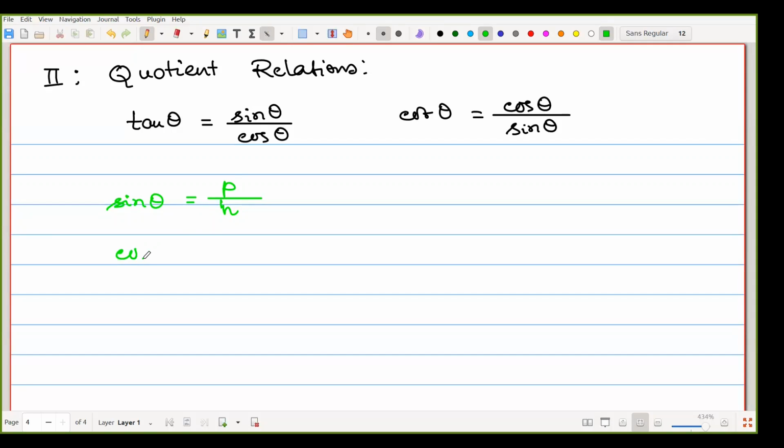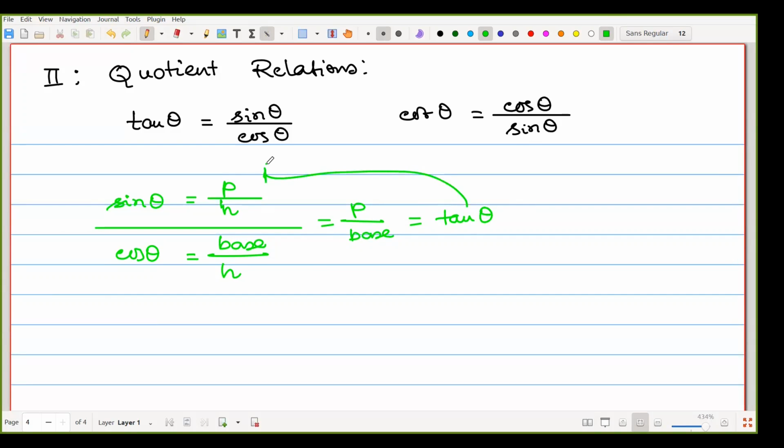And cos theta, that is base by hypotenuse. So if we divide these two, we are getting perpendicular by base, which means the tan theta.